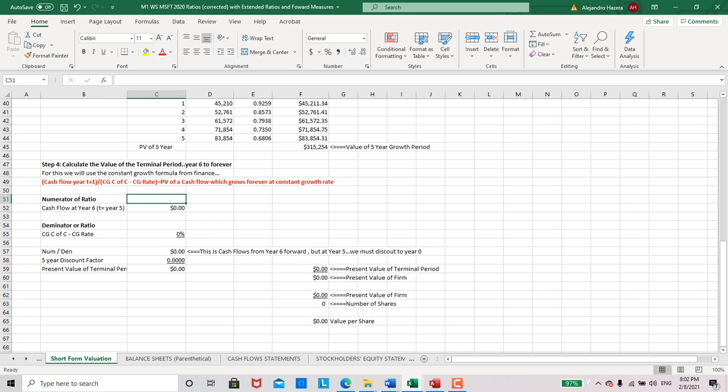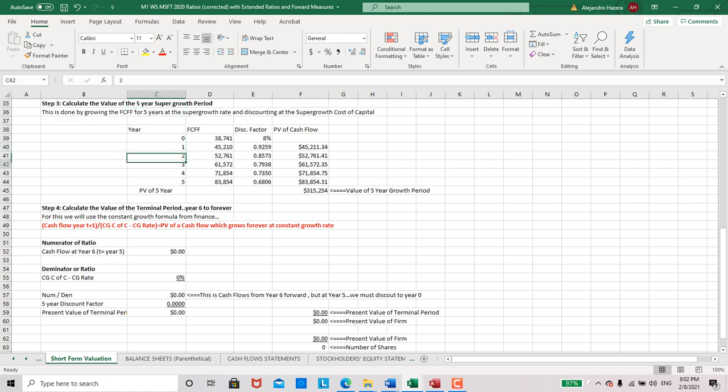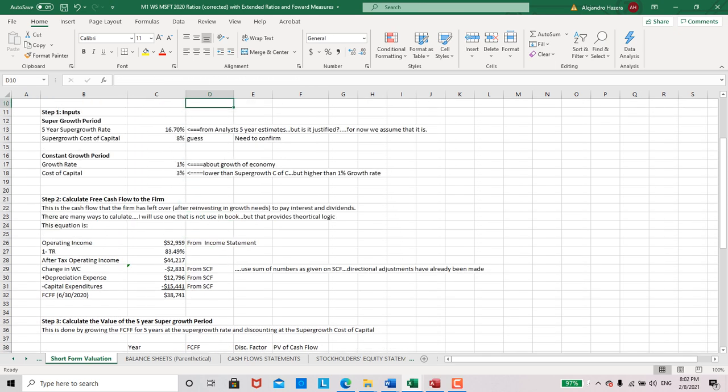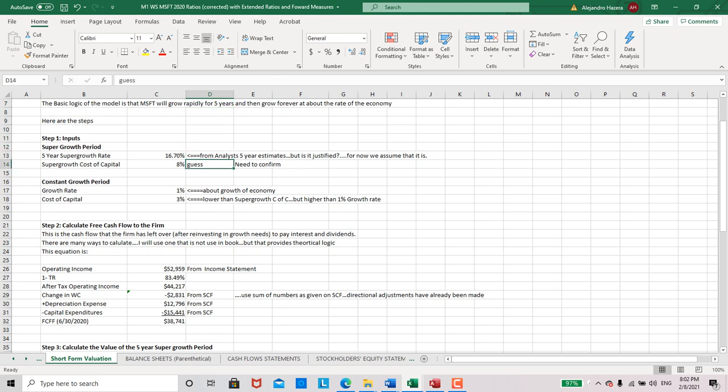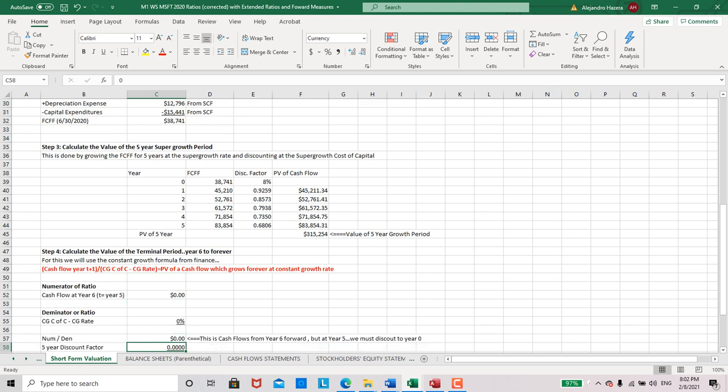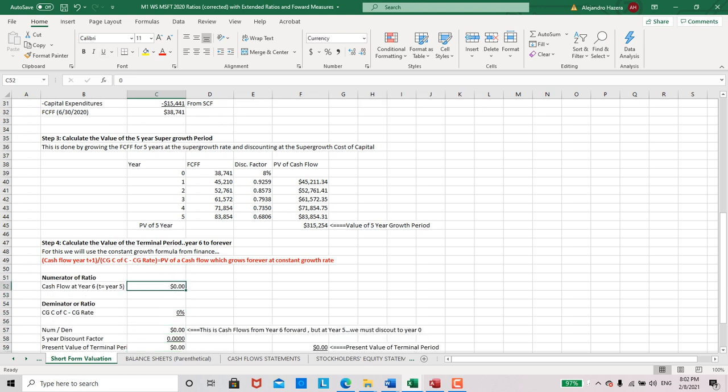Okay, so how do we get the cash flow at year 6? Well, we're assuming that at year 5, your cash flow is 83 billion. But as of the end of the fifth year, the company only grows at 1%, which is pretty slow growth after that.